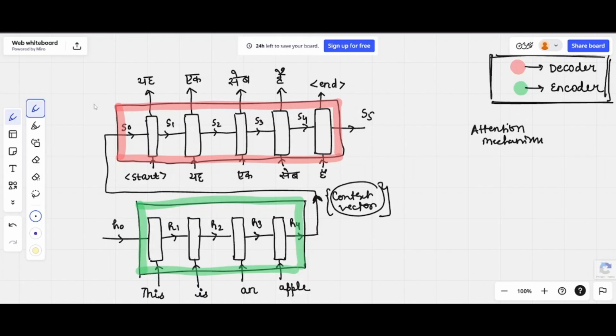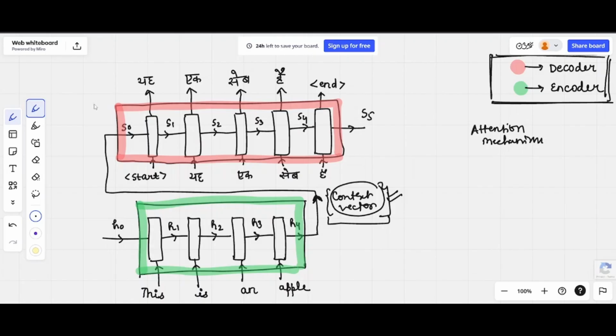Now, if such big sentences are being passed inside our encoder, do you really think that this vector will be able to represent every information that it has got? No, right? Because this context vector is only a compressed representation of whatever you have got inside your encoder as input. Or in other words, a summary of whatever you have provided as input.